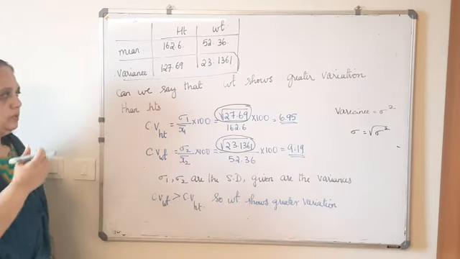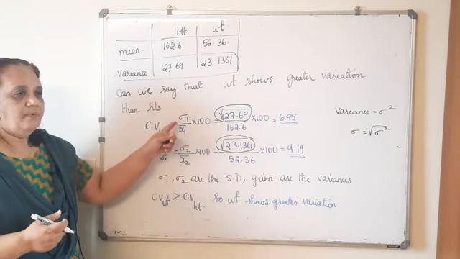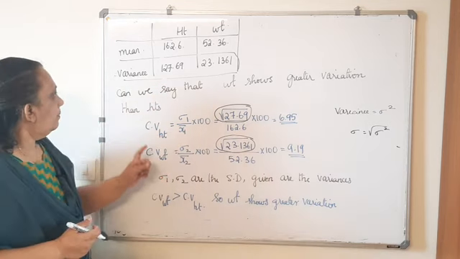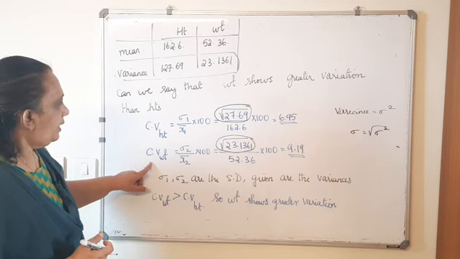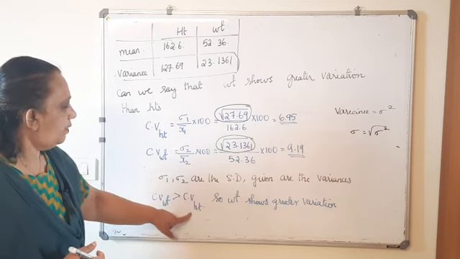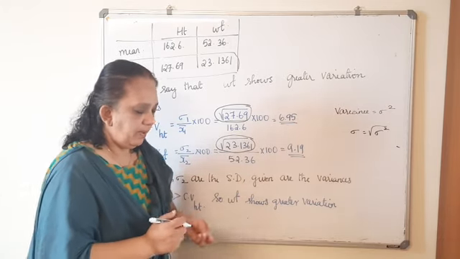From that we come to the variability, coefficient of variation. Coefficient of variation is equal to standard deviation divided by mean into 100. And weight shows greater variation. Here coefficient of variation of weight is greater than coefficient of variation of height. So weight shows more variation.